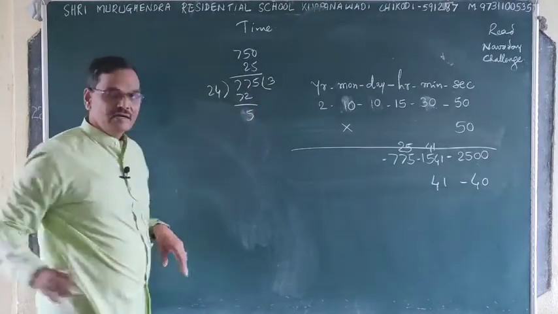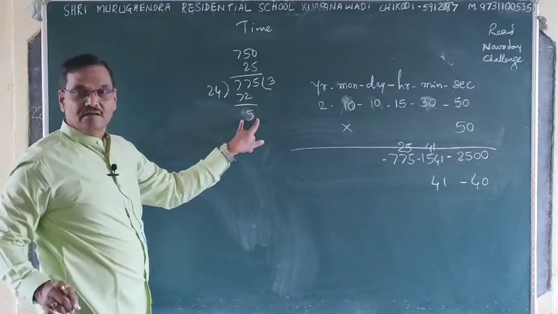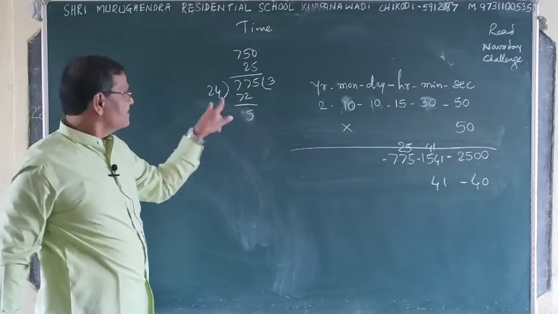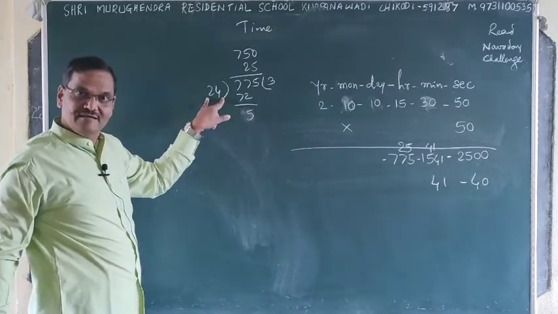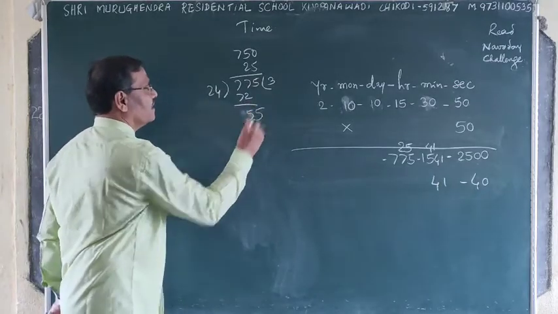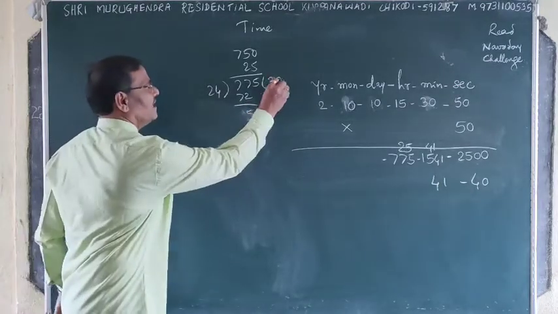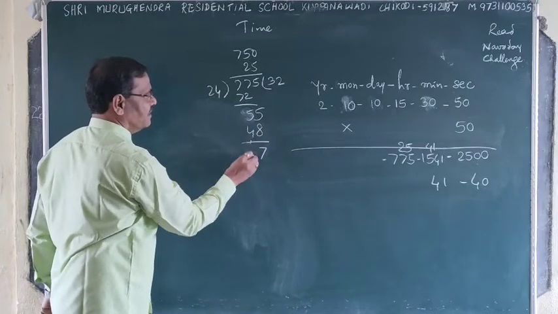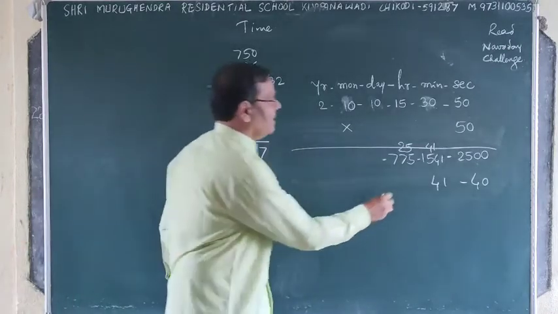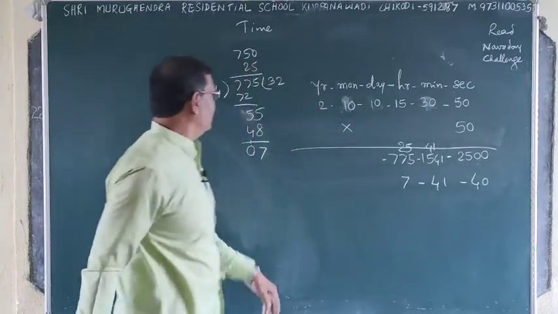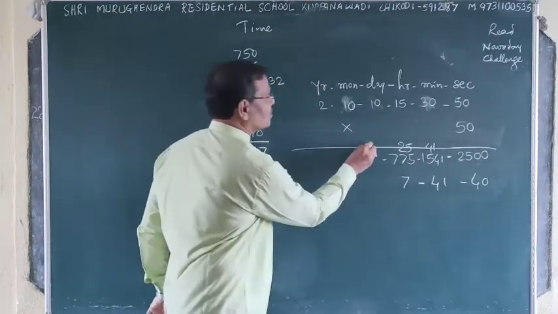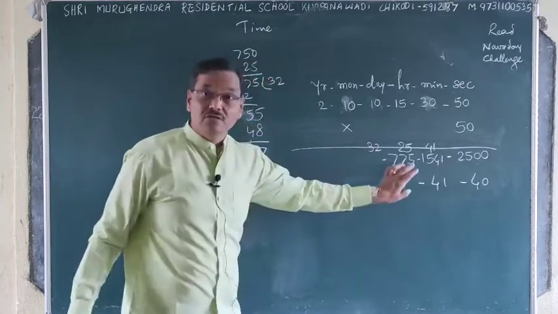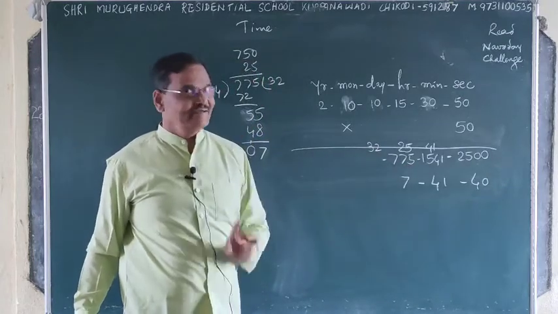Our sum is correct because the remainder is less than the divisor. So 5 taken, 2s are 48, and here it is 70. Then 7 hours remained, whereas 32 days are here in 775 hours.